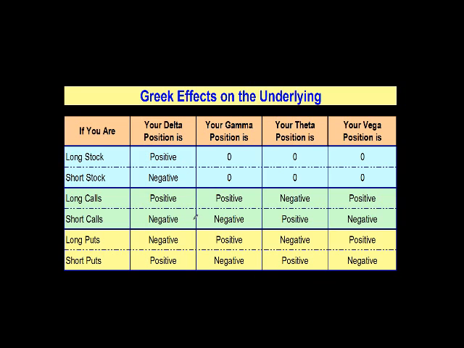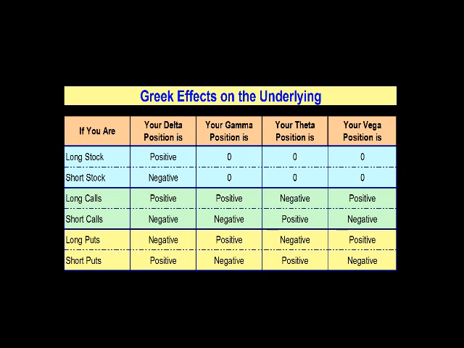And then the same thing is with shorts. Your Gamma, Theta, and Vega are all the same. The only difference is your delta. That makes it, I think, a lot easier to really grasp and to look at.